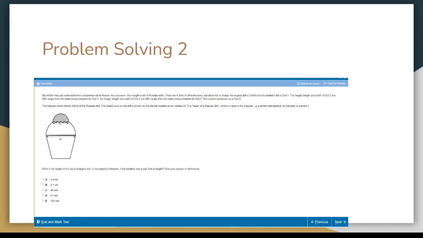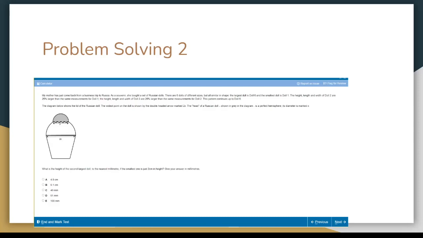So going from doll 1 to doll 2, then 2 to 3, 3 to 4, and so on up to 5, we will be multiplying by 25%, or 1.25, 4 times in a row. So do 2 times 1.25 and press equals, then times 1.25 again and again and again. Just remember to keep in mind which doll you are on, because it's easy to get lost in this calculation.